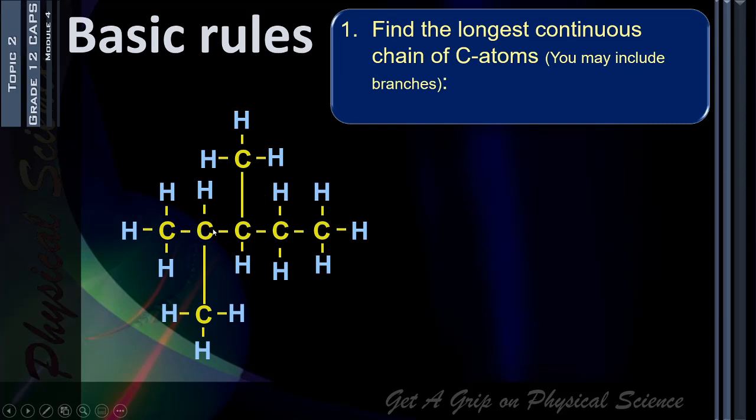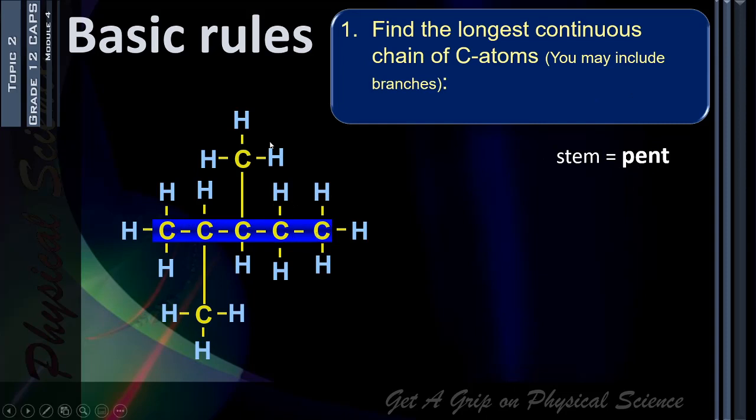And it doesn't matter if you choose this one as your longest chain or the one around the corner. You will end up with the same name. So choose one of the longest continuous carbon chains as the longest chain in your molecule. So the stem for this molecule will be pent, because pent refers to 5 carbons in the longest chain of this molecule.